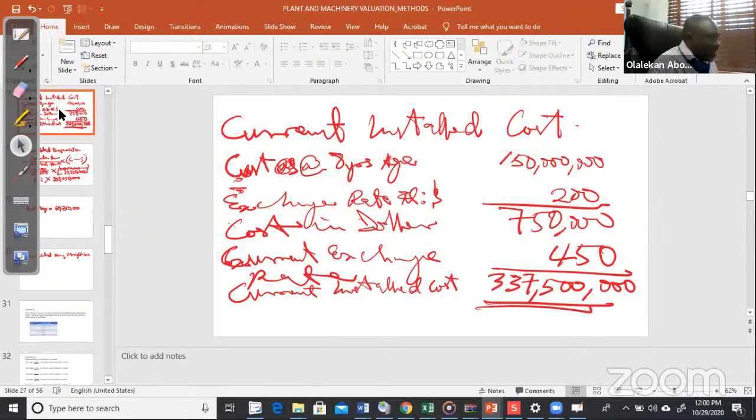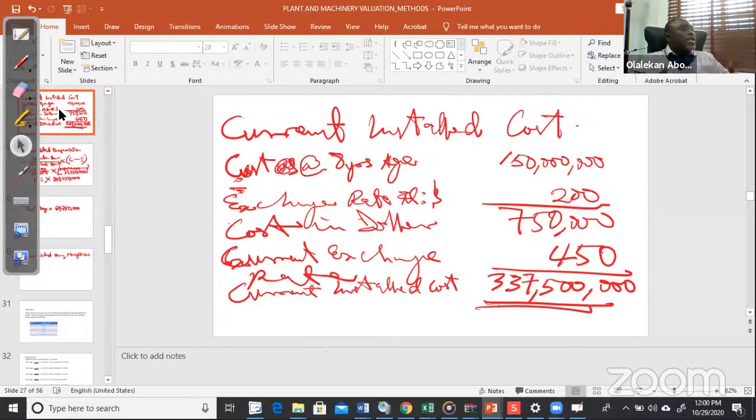Now, the challenge is this, because that's one of the major problems of plant and machinery valuation in Nigeria. A lot of our assets are imported. As at the time when they bought 8 years ago, they bought using dollars at an exchange rate of 200.